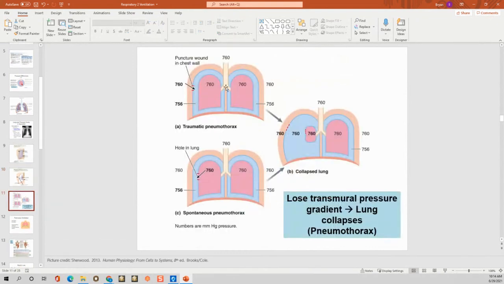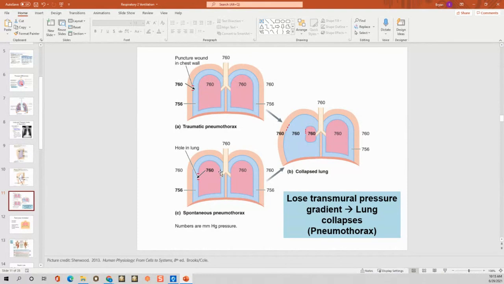What do we know about pneumothoraxes? A pneumothorax can either occur on the outside. This is normally due to trauma, damage, car accidents, gunshot wounds, shrapnel, or falling out of trees. Or we can have a spontaneous pneumothorax, which occurs on the inside. This normally occurs due to, well, there's lots of things, but like emphysema or lung cancer.